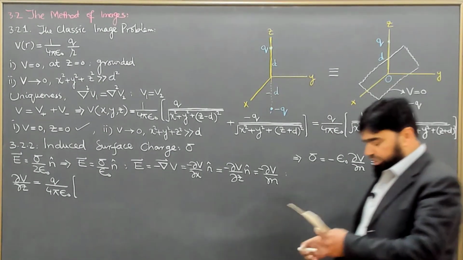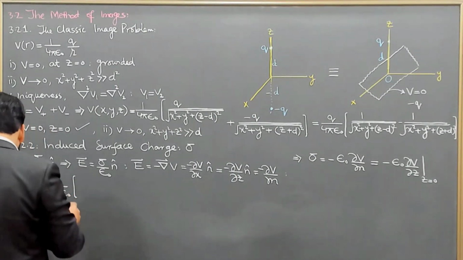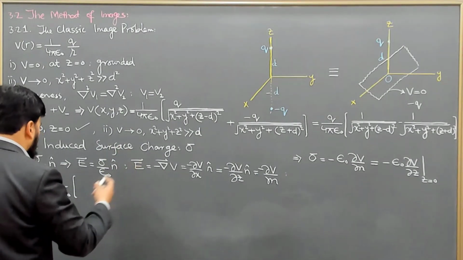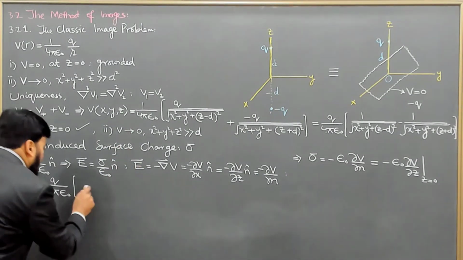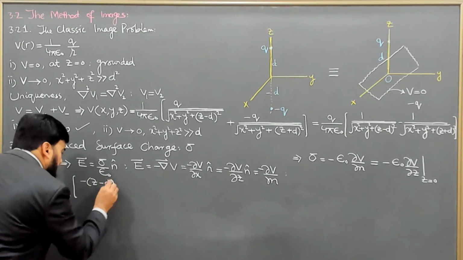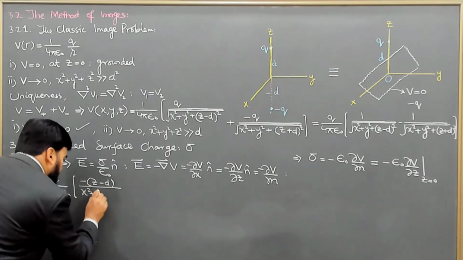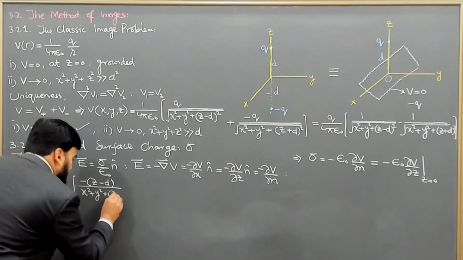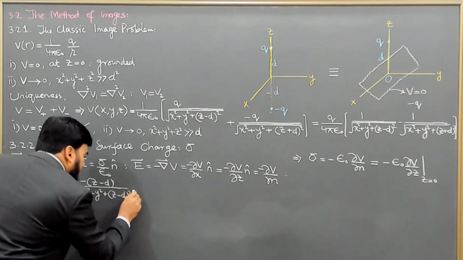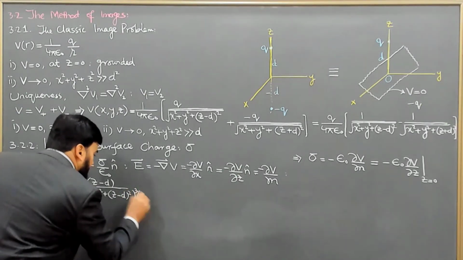So I will get q over 4 pi epsilon naught, and minus, because minus 1 over 2 was there, so the minus will remain, and this is z minus d divided by x square plus y square plus z minus d whole square, and the power of it is basically 3 over 2.